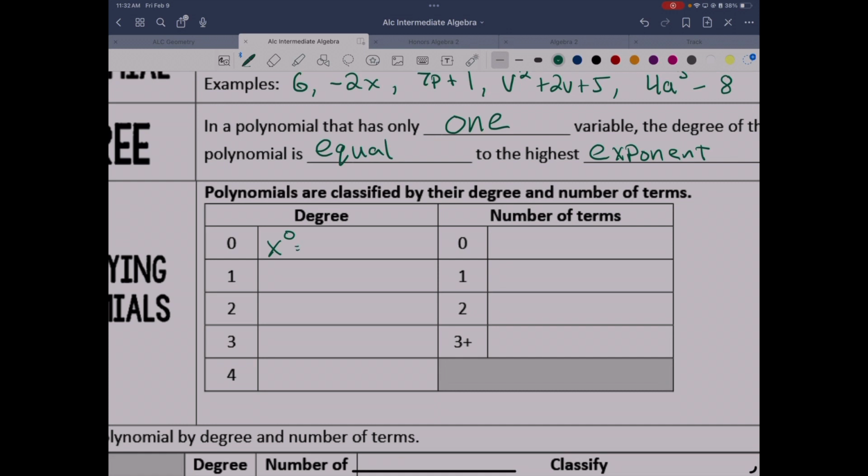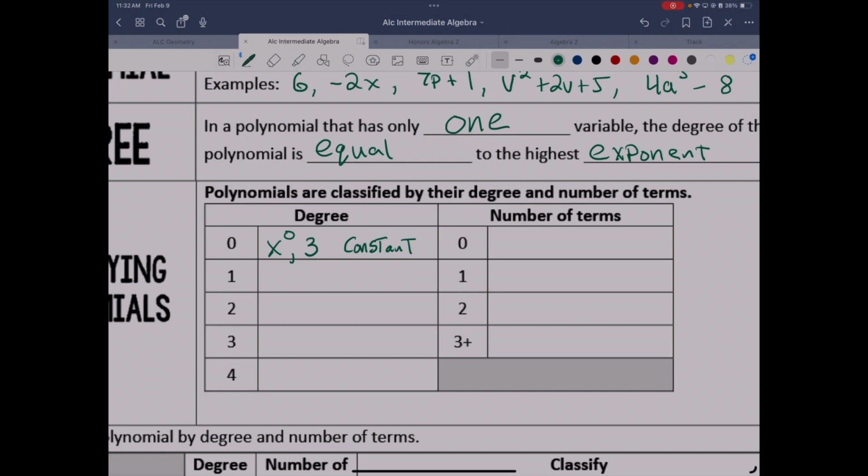Or if it's something like 3, there's no degree to it. This is called a constant. It's a number. x to the 0 power is really 1. We talked about that when we were talking about exponents in the last unit. But that's called a constant.